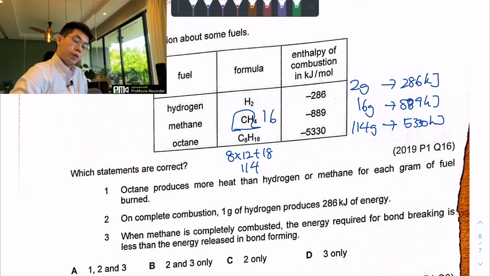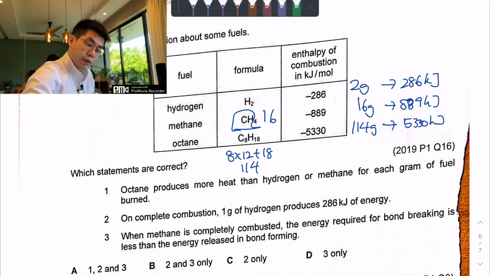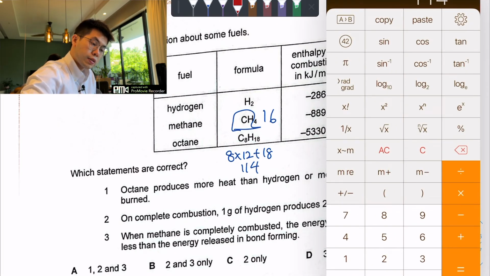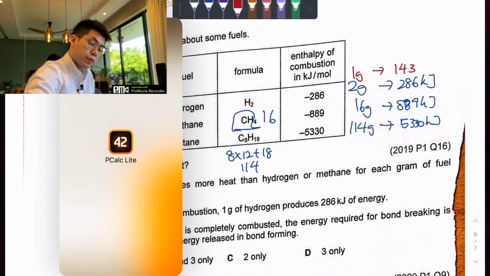So we need to go and find out per gram. So if 2 grams produce 286, 1 gram of hydrogen will produce 143. I hope you can get that easily. Let's move this to the side since I need to do some calculation.